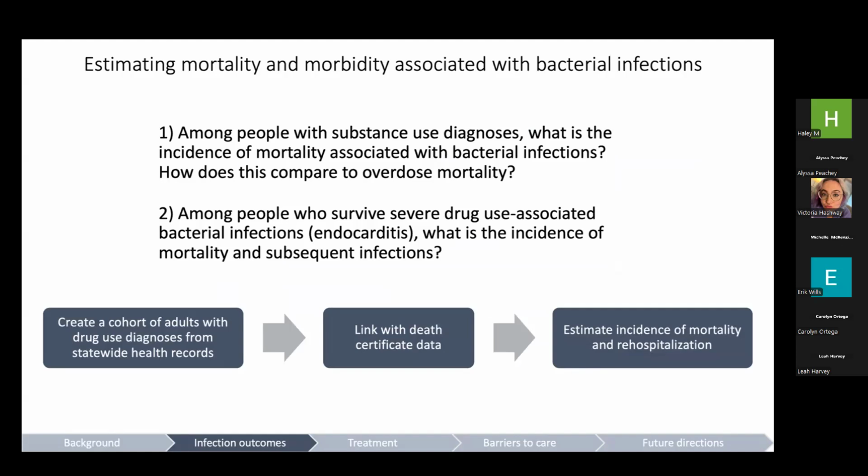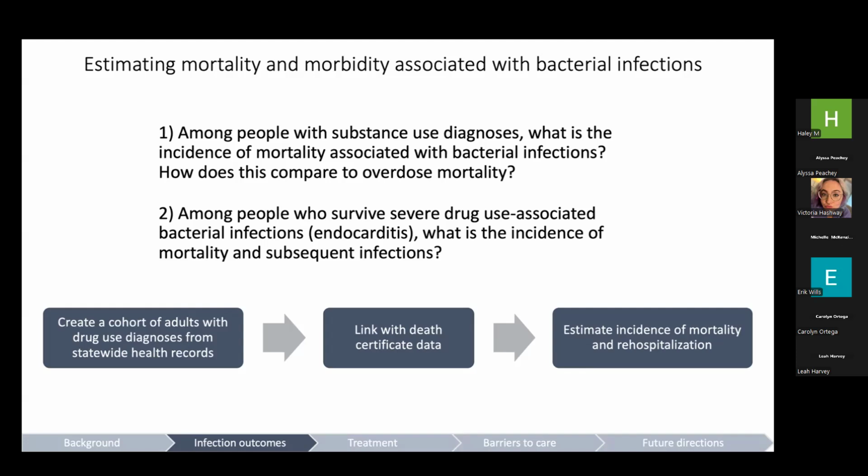And then once people entered the healthcare system, looking at the incidence of mortality that was associated with bacterial infections, and then seeing how this incidence of mortality compared to overdose. And then specifically among people who survived severe drug use associated bacterial infections, specifically endocarditis, what was the incidence of mortality and subsequent infections?